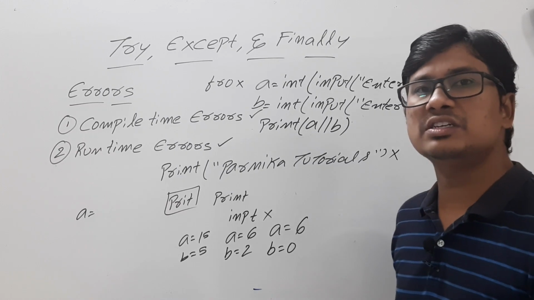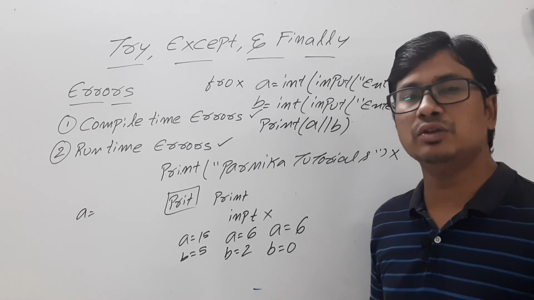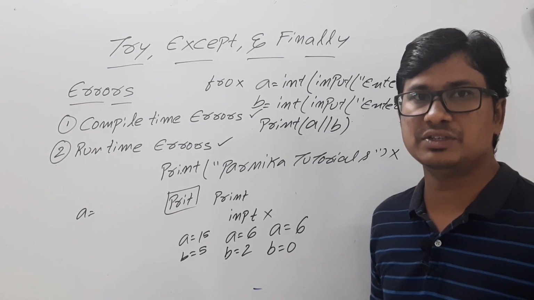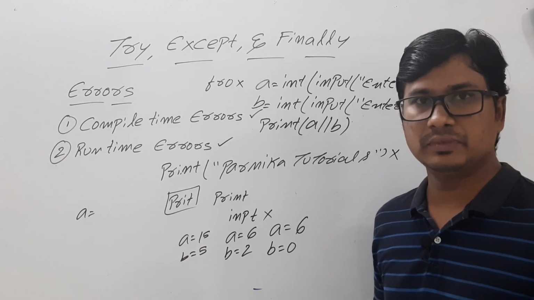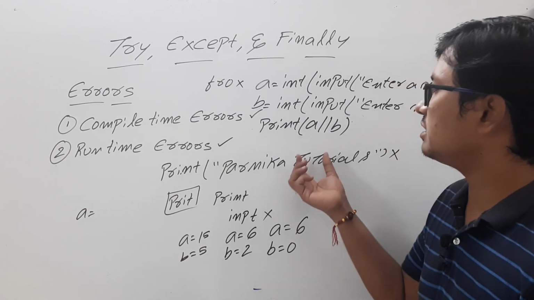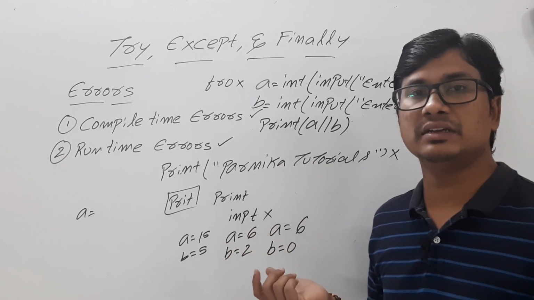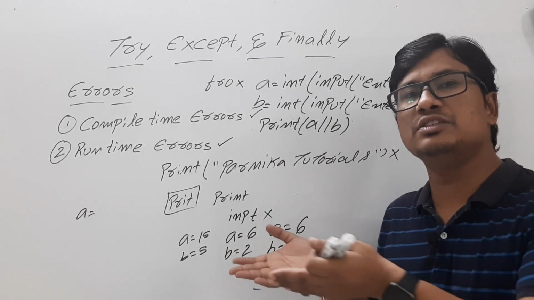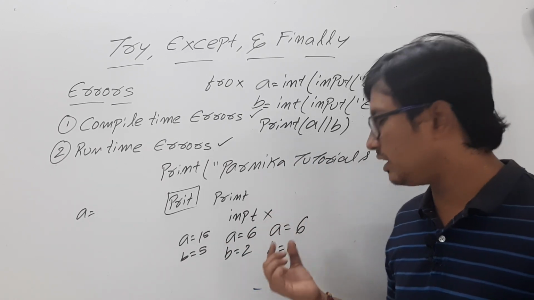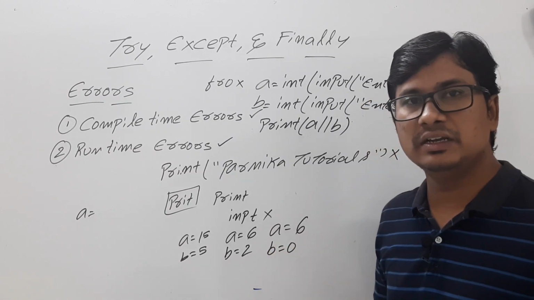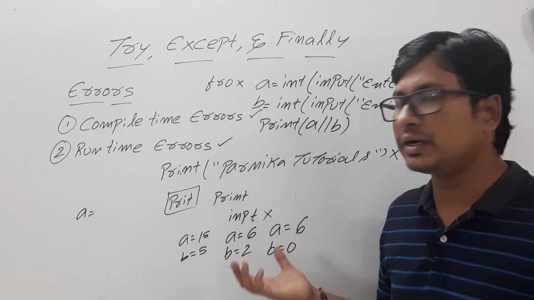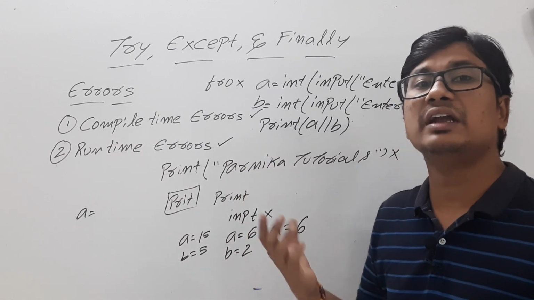Now you know that 6 by 0, anything by 0, if the denominator consists of value 0, you will get infinity. Am I right? Now in this case, you will get a runtime error, saying that it will give a zero division error. You cannot divide a number with a 0. Is it clear? I hope you are able to understand. Such kind of errors we will call as runtime errors.